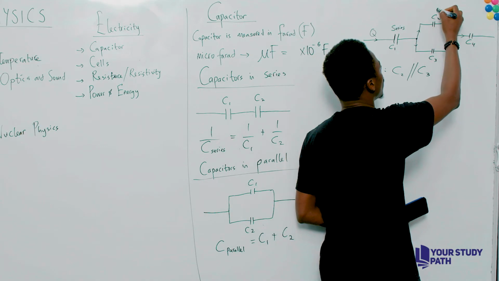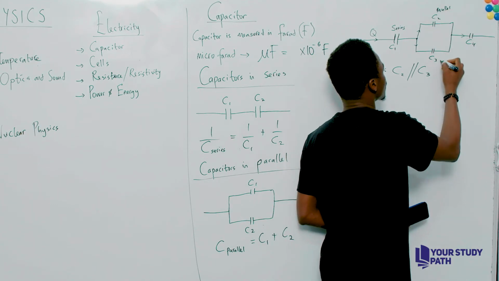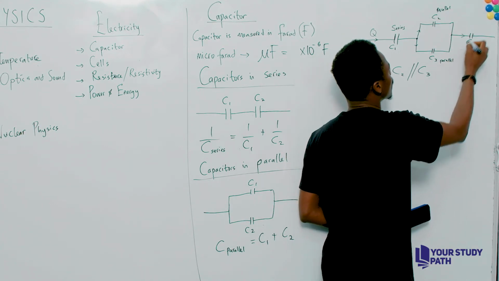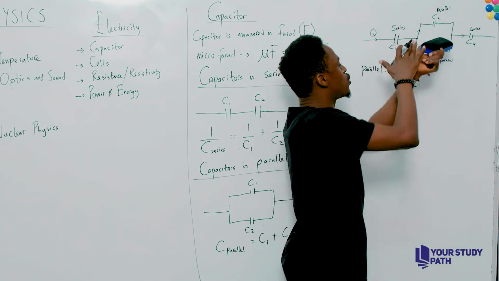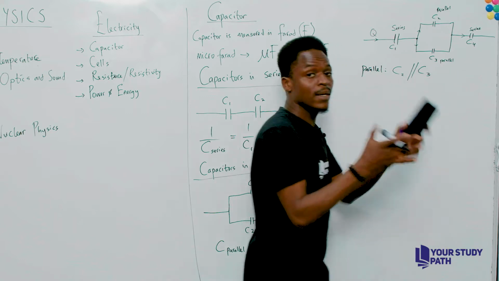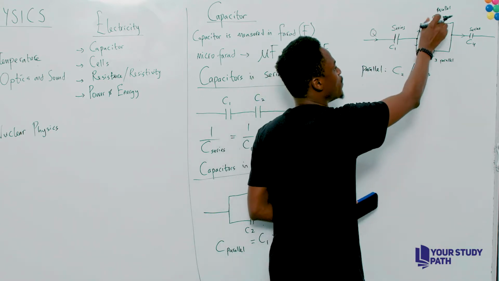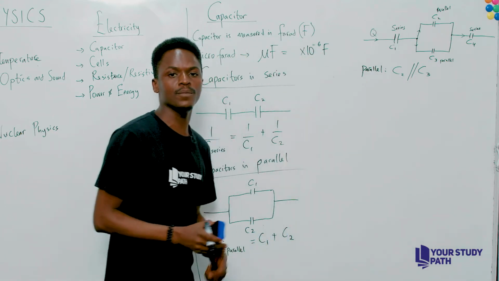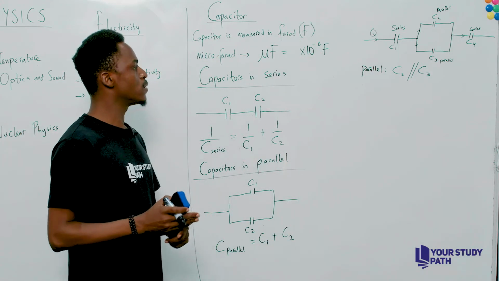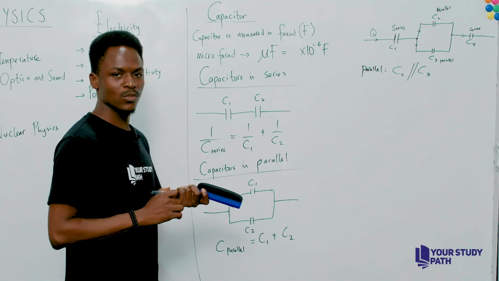So these two are in parallel to each other. This is series. So it means you are going to merge these two together, C2 and C3, such that it becomes one, and we are now going to have all series connection. That being settled, we are going to look at questions, not to worry.